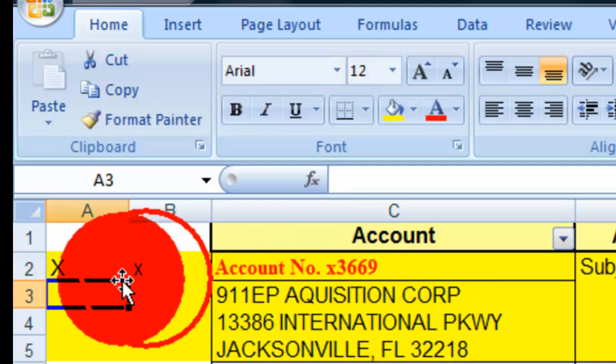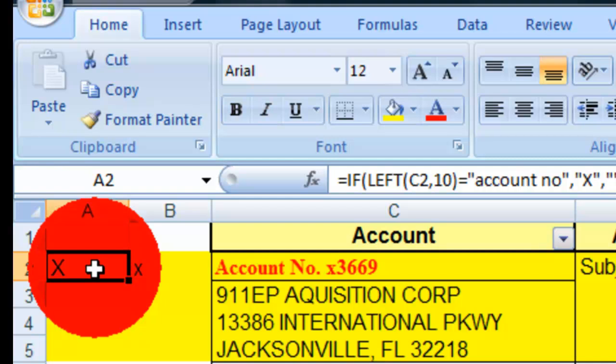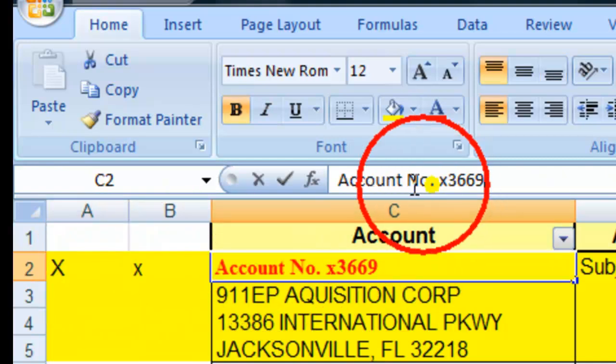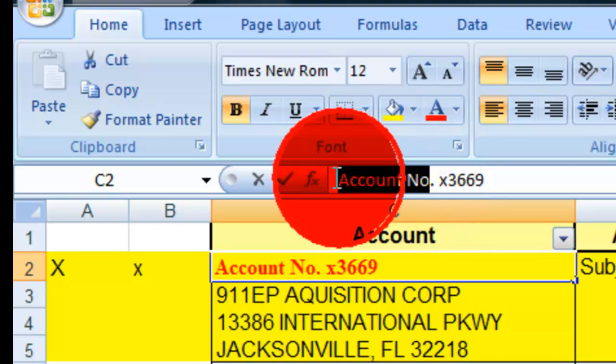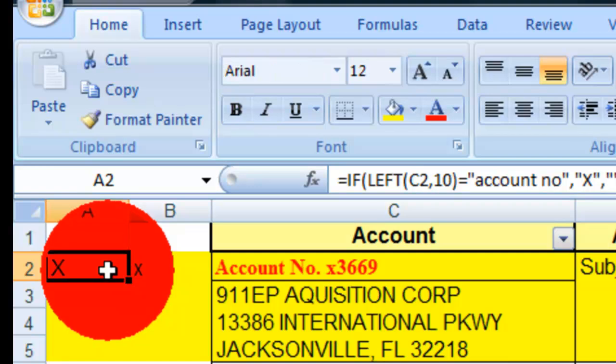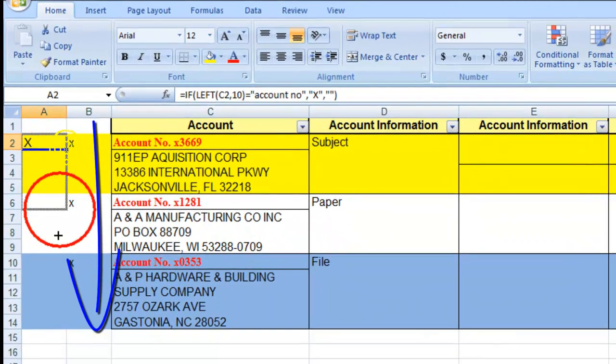As you can see, cell A2 is now marked X, and the reason is that cell C2's left 10 characters are "account numbers". The formula is only in cell A2 right now, and we want to capture all the accounts, so we need to drag this formula down to cell A14.